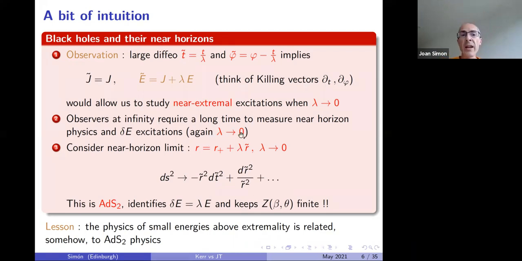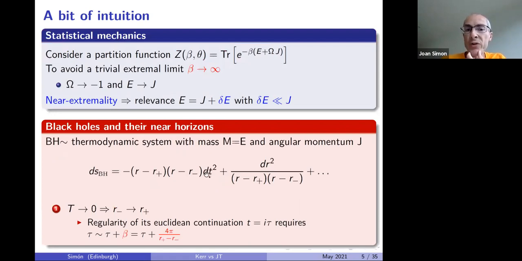And finally, the way to connect this with the near horizon limit is that if I go to my previous metric, I'm telling you how t scales with lambda. I'm telling you how the angular variables scale with lambda. I need to tell you how to scale r.